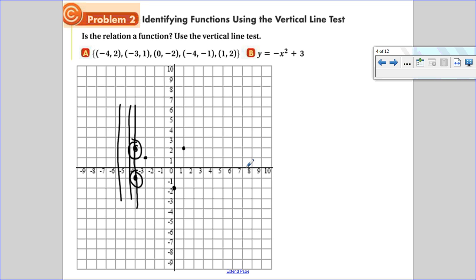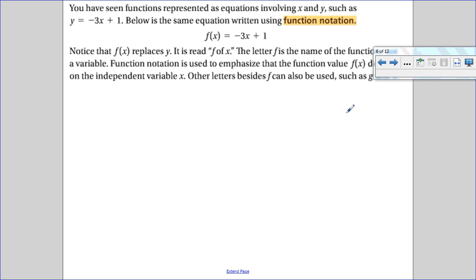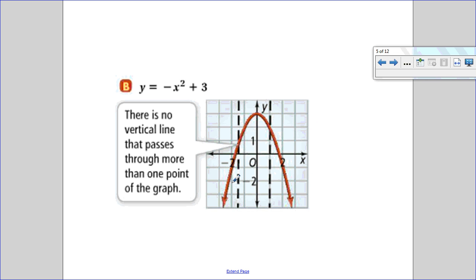So does it pass the vertical line test? No, it does not. We're not going to worry about part B right there. If you were curious about that one, this is what it looks like. It does pass the vertical line test.